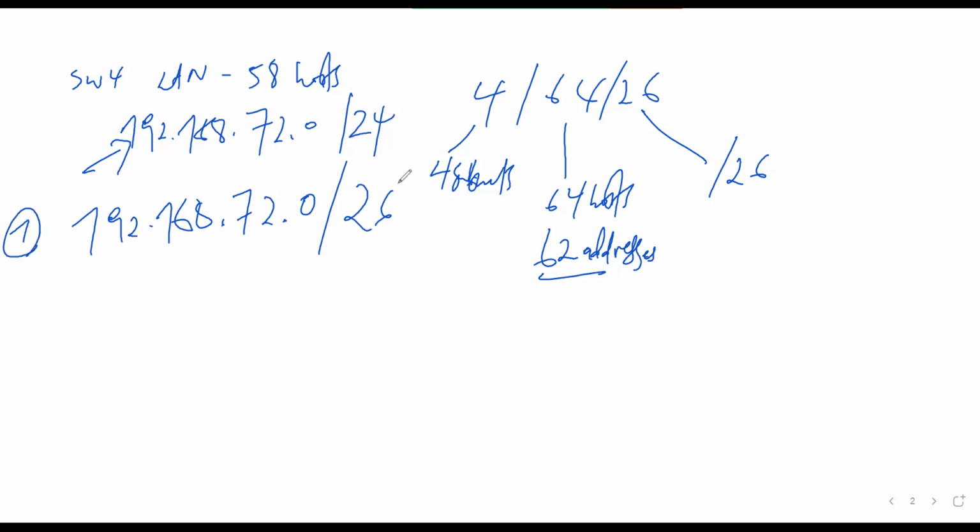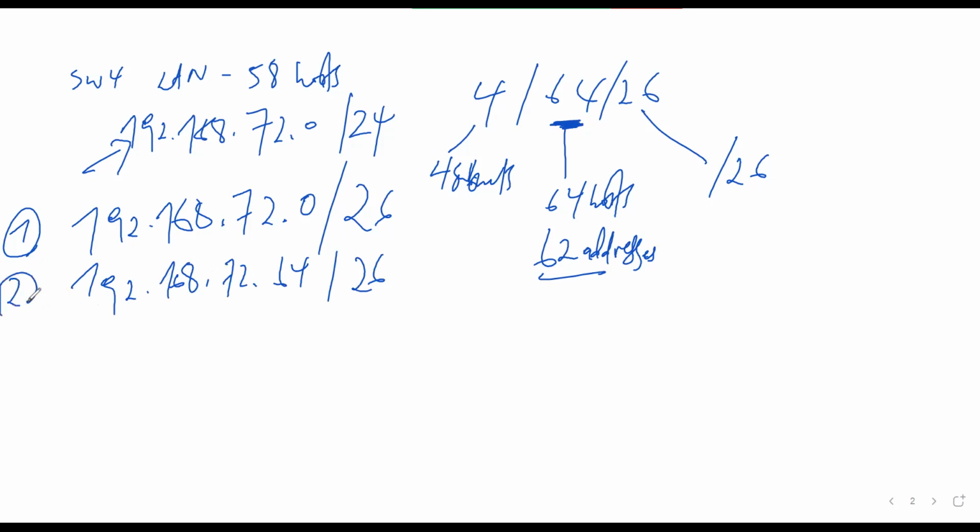For the next address, you add this number here, 64, the total number of hosts, including the network ID and the broadcast ID. So if you add 64 here, you get 192.168.72.64/26. Then you have your second subnet.